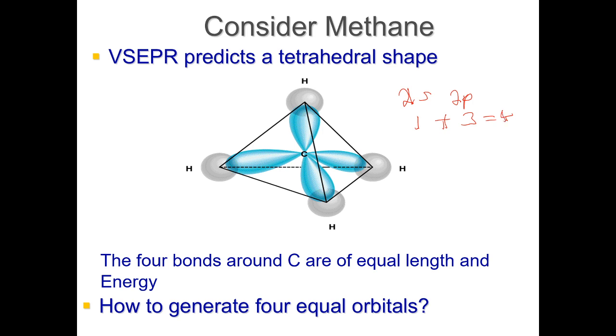So when the 2s and the 2p form hybrid orbitals, what you get is basically 4. And the geometry, as we saw in the previous slides, is a tetrahedral shape, and all the bonds of the carbon will be equal, and they have equal energies.